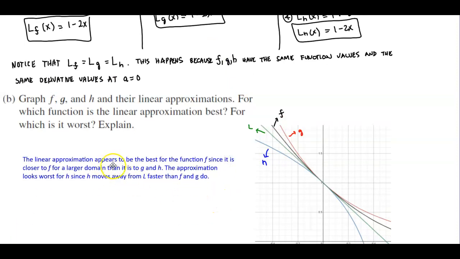So the linear approximation appears to be the best for the function f, since it is closer to f for a larger domain than it is to g and h. The approximation looks worse for h since h is moving away from L faster than f and g do.